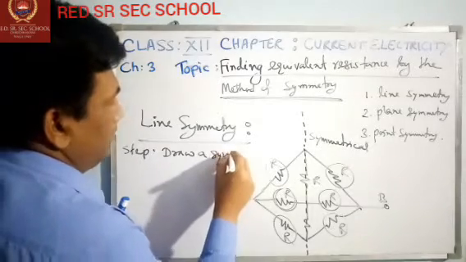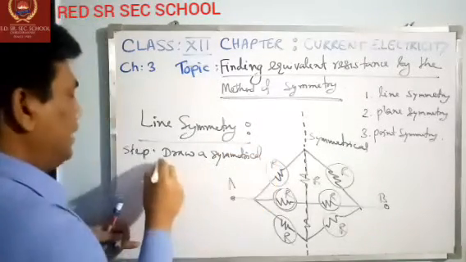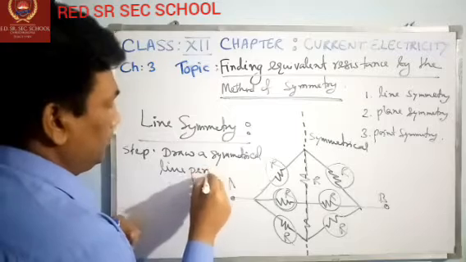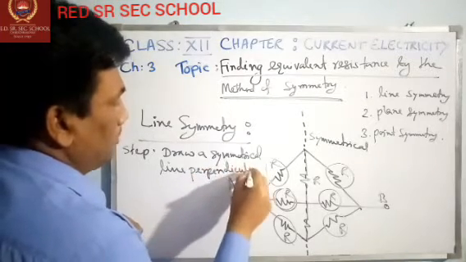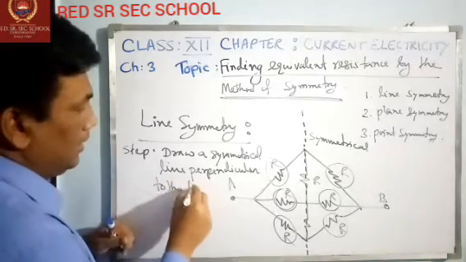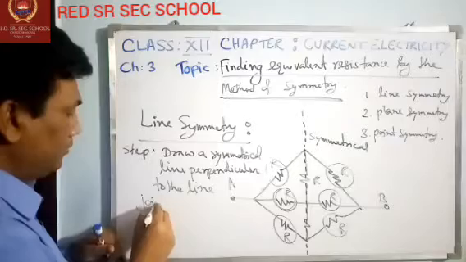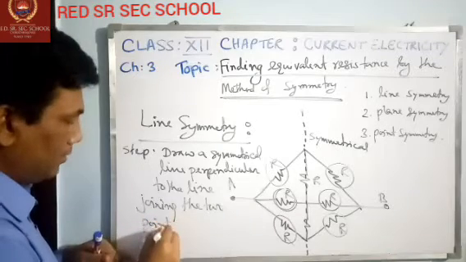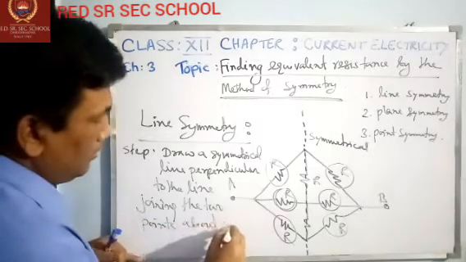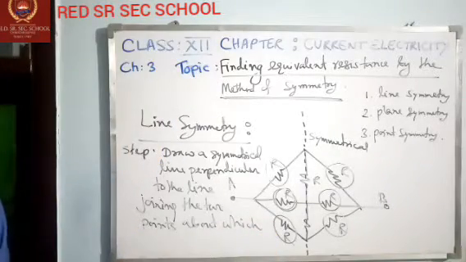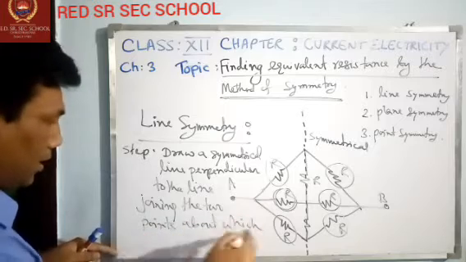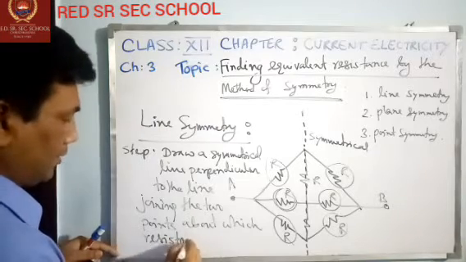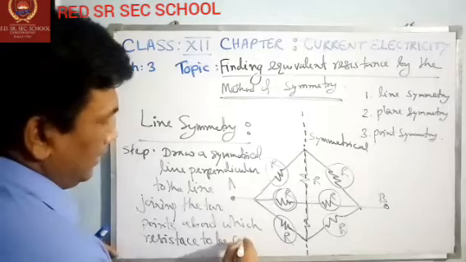Draw a symmetrical line perpendicular to the line joining the 2 points about which the resistance needs to be calculated.